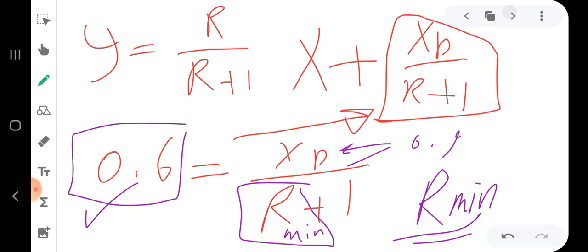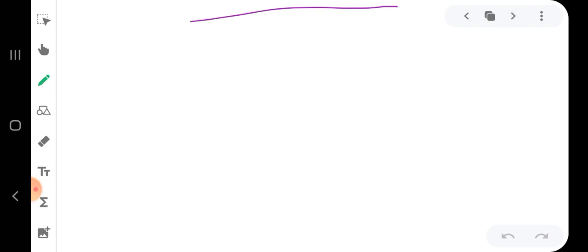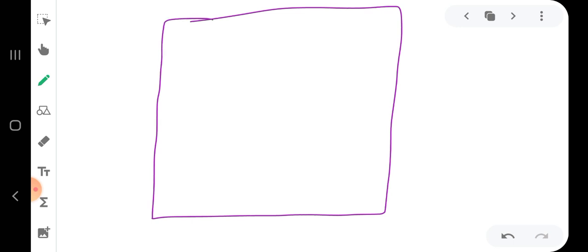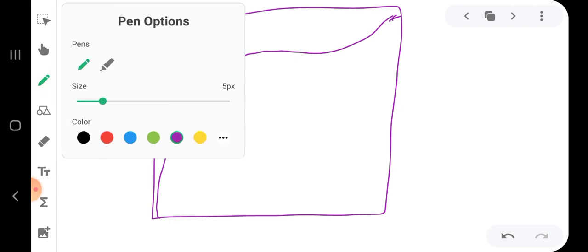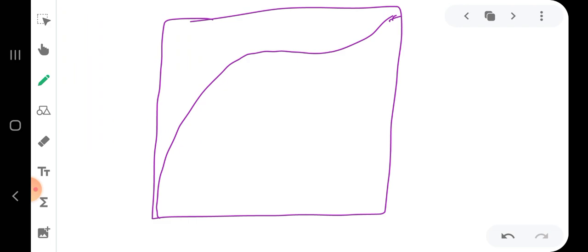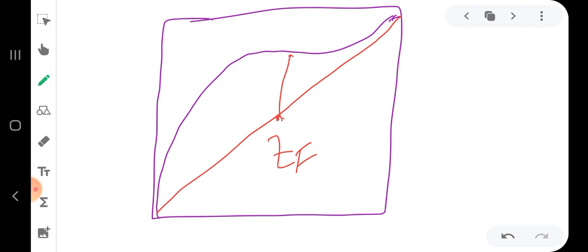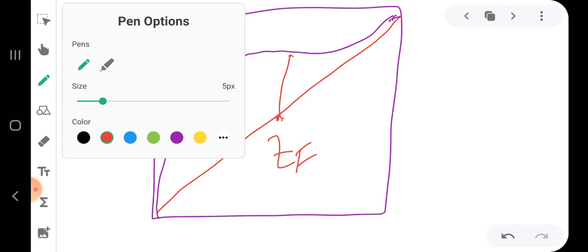Another situation is when you have an equilibrium curve like this, some distorted equilibrium curve, and this is the 45-degree line. Suppose this is ZF and this is the Q line. What will happen here?